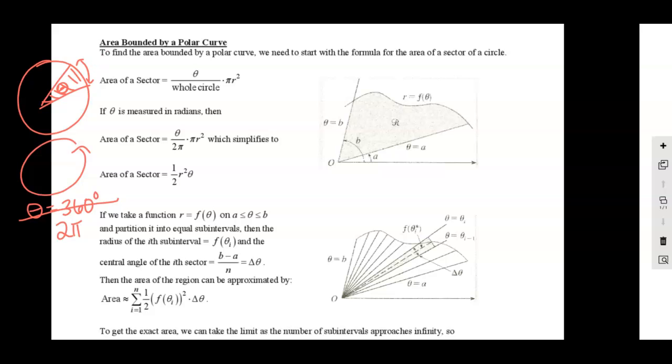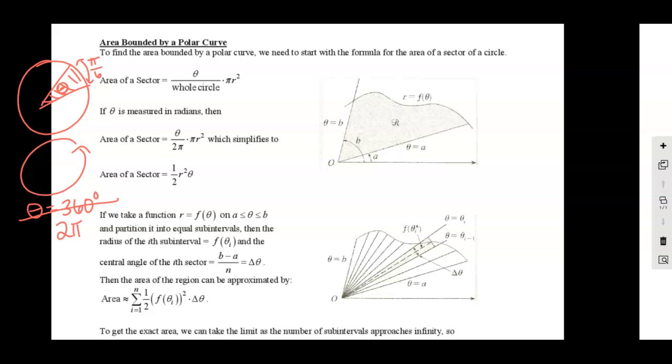Or instead of 60 degrees, I should talk about pi over 6 radians. The arc length is also the same: the arc length is just a percentage of the circumference. What percentage? You take your angle out of the total, which is 360 for degrees or 2 pi for radians. And we do the same thing for arc length.